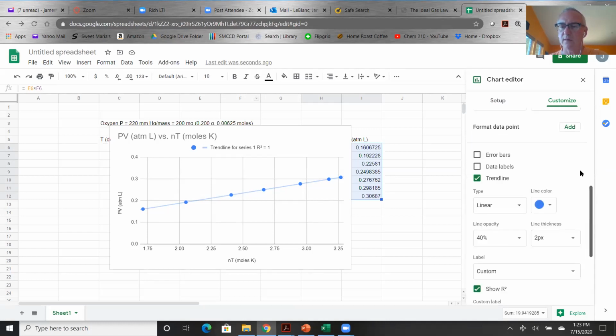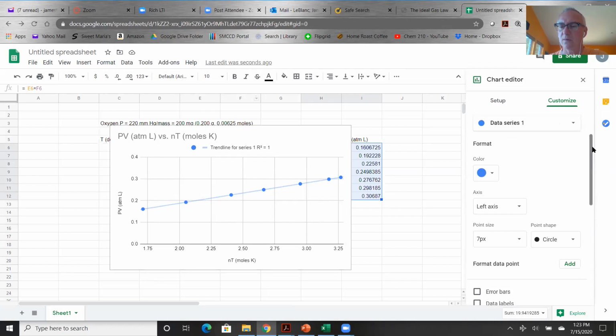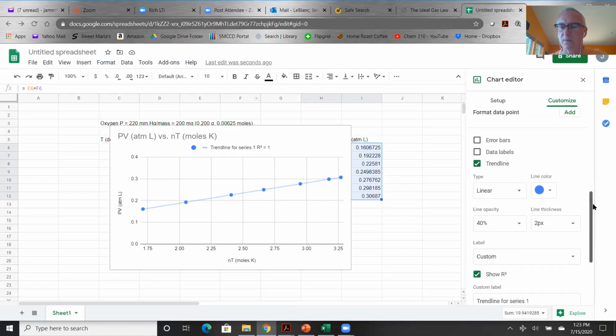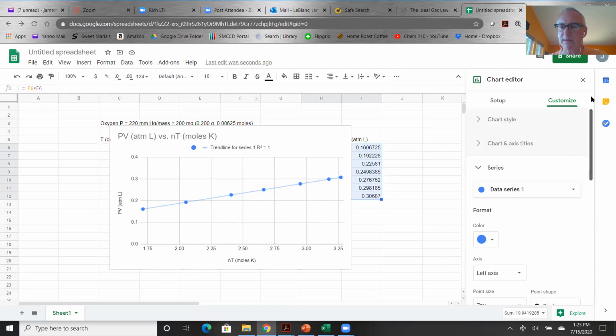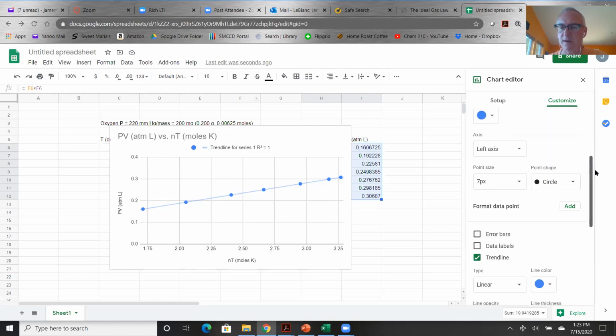On top of show R squared. Oh, label. Where's label? It's on top of R squared. I don't know what that means. In series, sorry. Oh, series. Oh, then here. Oh, above it, data labels. Oh, thank you. Nope, that just tells us what the units are.